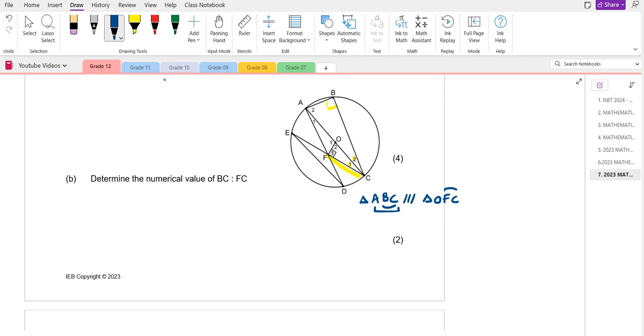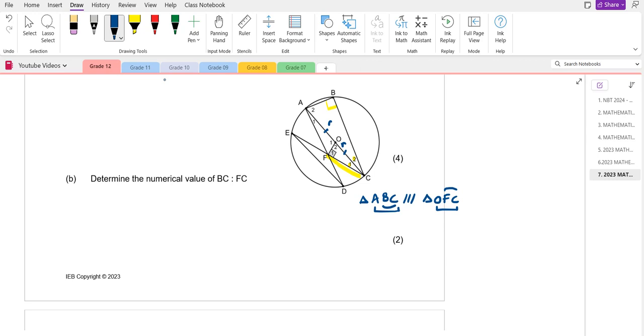We can take AC is to OC. Remember, that's a radius. So let's mark these equal. So we can call it R and R. We got 2R here. We can say AC is twice OC.